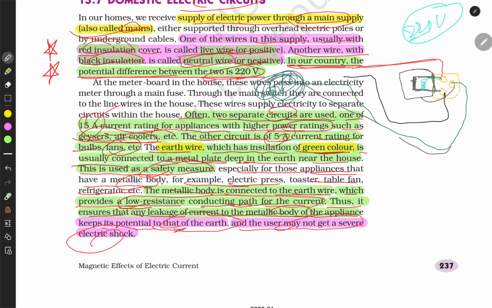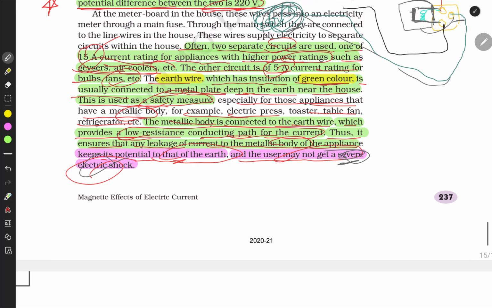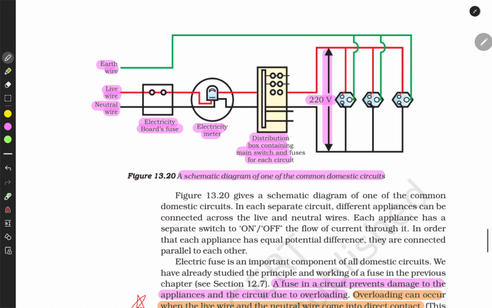So it maintains the potential difference between this and this. Earth and this are the same, so we do not get a severe shock. We get a shock, but that will be very small, it will not be severe. So this is a preventive measure. So this is what we have explained.